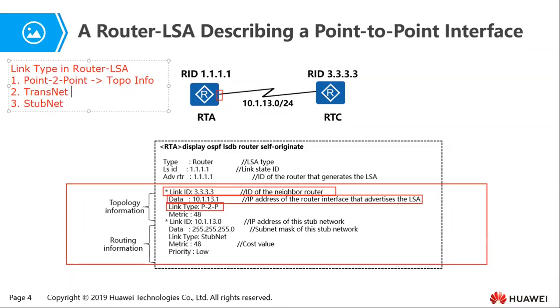Then we have transnet. I think trans comes from the word transit. It simply means that particular link has been connected to a transit network, meaning 2 or more routers are attached to a broadcast network or to an NBMA network.